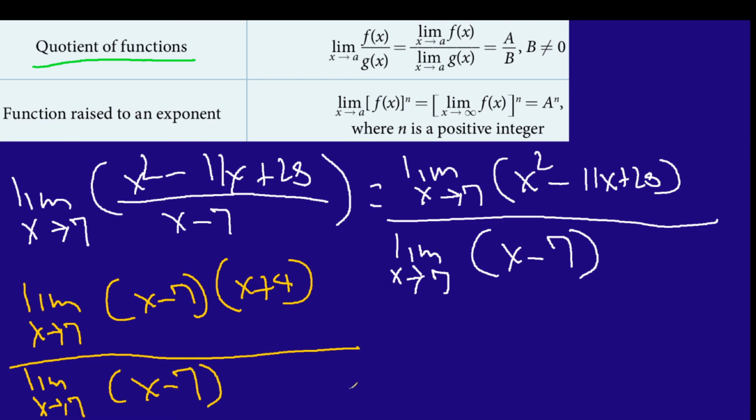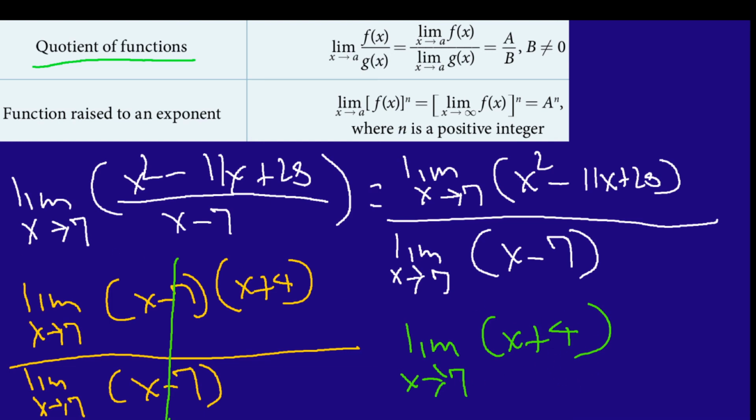Now you can see that things are getting much simpler because now I have the ability to eliminate this common factor. And so now I'm left with the limit of x plus 4 as x approaches 7. And so what do we do? I think you remember. Now we just plug in 7 wherever there's an x.